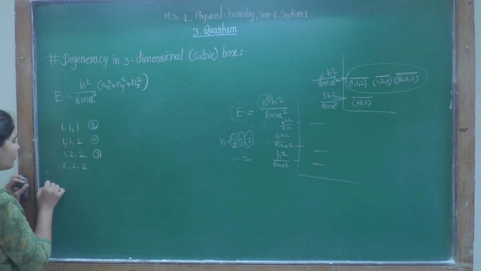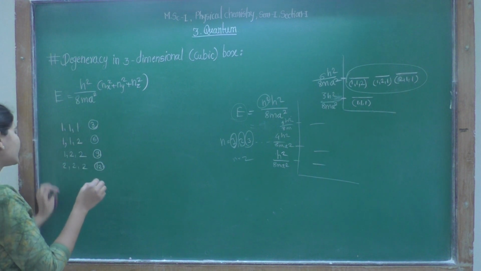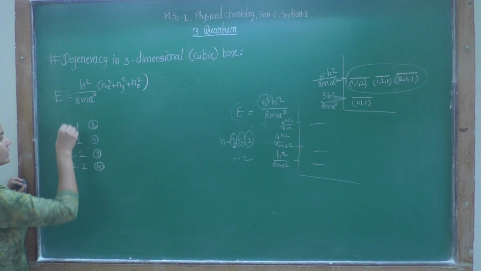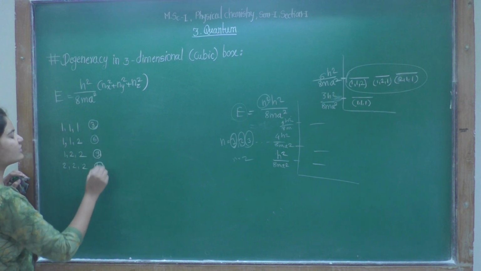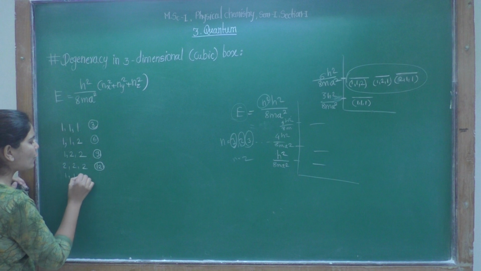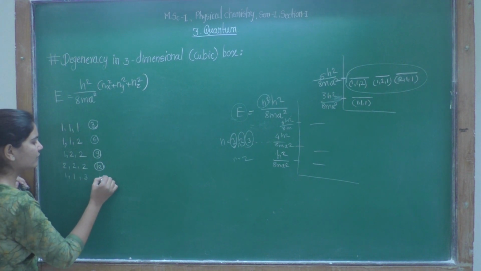So 4, 4, 4 will be 12. Now, these are the only combinations for 1 and 2 to give different energy values. Now, we can introduce 3 also. So, we can write 1, 1, 3: 1, 1, 9 will be 11.